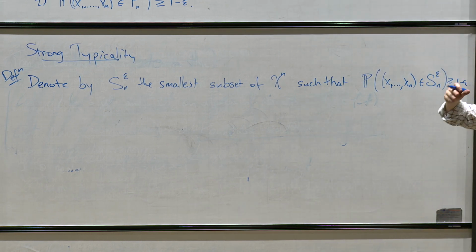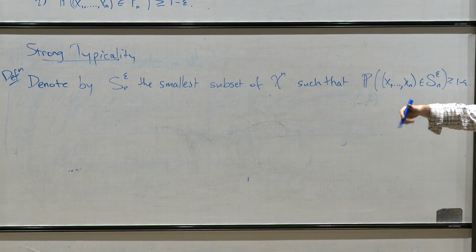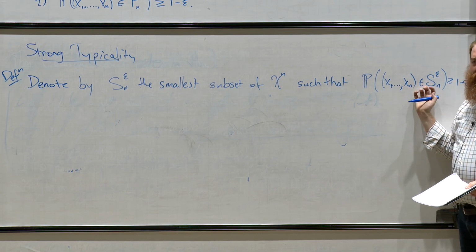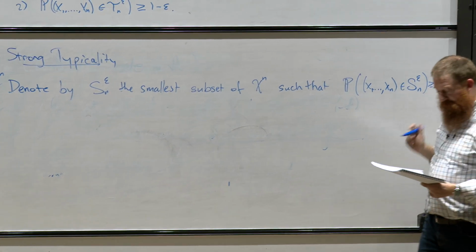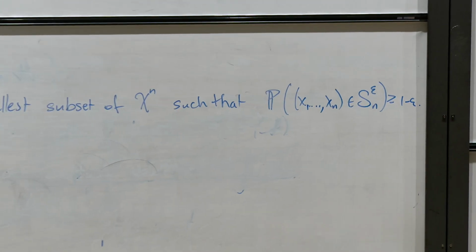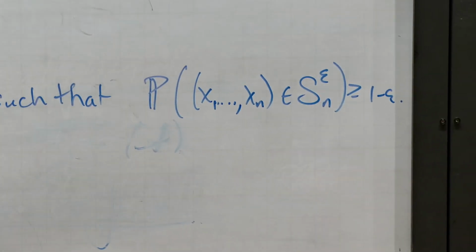So I'll throw away the least likely sequences until I get down to the smallest set where I've got at least this probability. Throw away as much as I can. Okay, then we get a proposition.